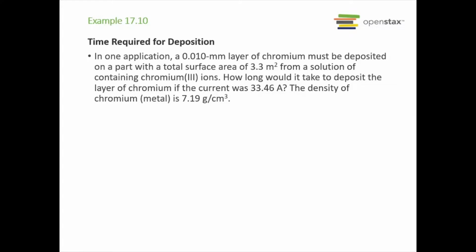So the first thing we should do is get the volume of the chromium that has to be produced. So volume is going to equal length times width times height, and you could take this length times width, that's your surface area, multiply that times your height to get your volume.